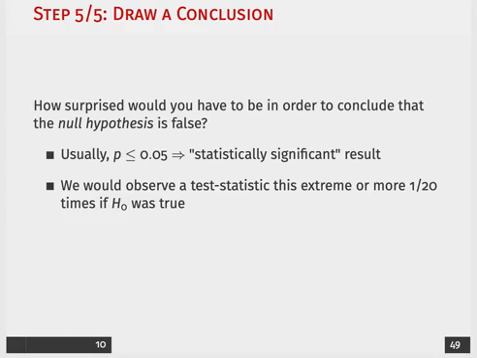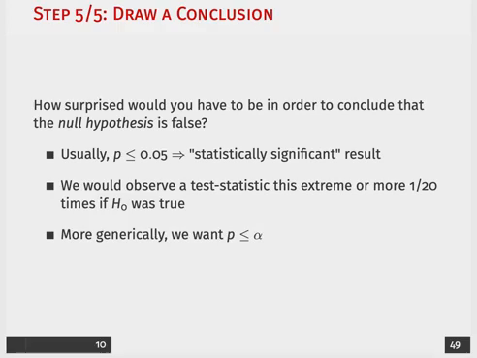In other words, we would observe a test statistic this extreme or more 1 out of 20 times if our null hypothesis was true. So again, remember, we're not even saying that we're 95% certain. We're saying that if we did this 20 times, 1 out of the 20 times, the null hypothesis would actually be true if we were to reject it. So more generically, we always want to decrease our p-value, right?